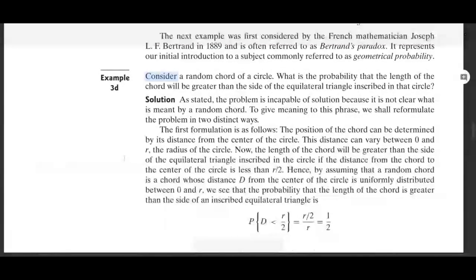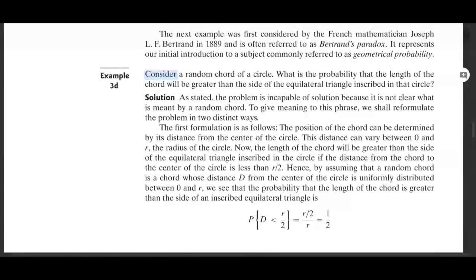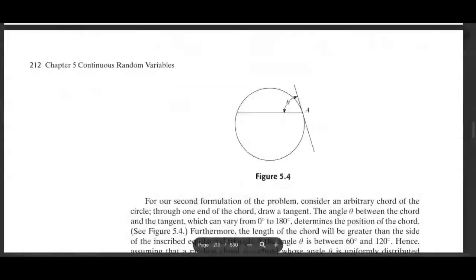Consider a random chord of a circle. What is the probability that the length of the chord will be greater than the side of the equilateral triangle inscribed in that circle? Let's see the picture.